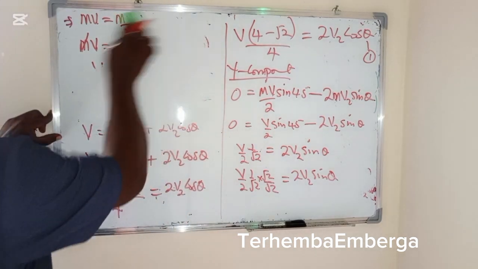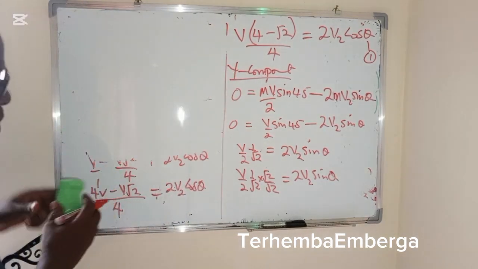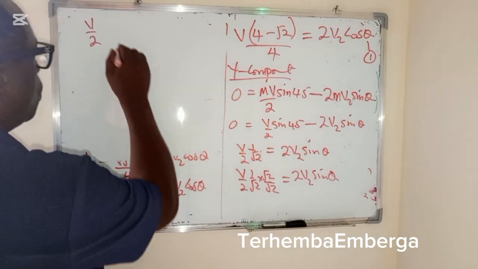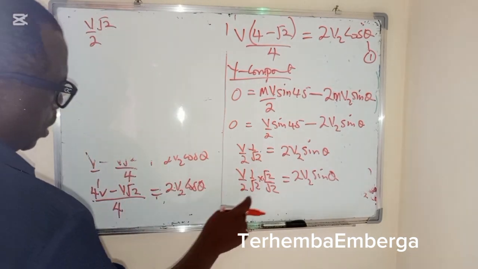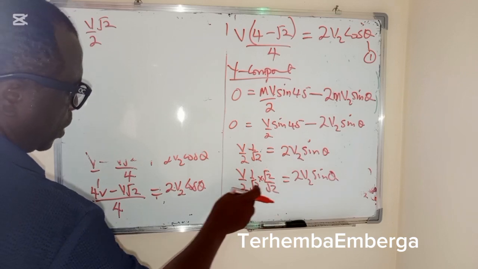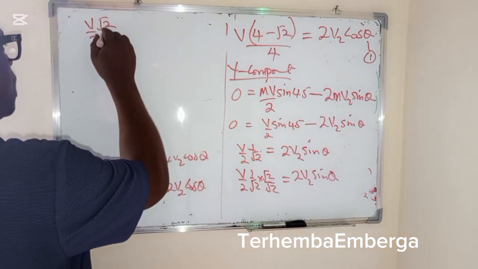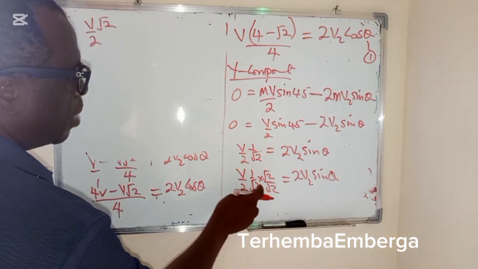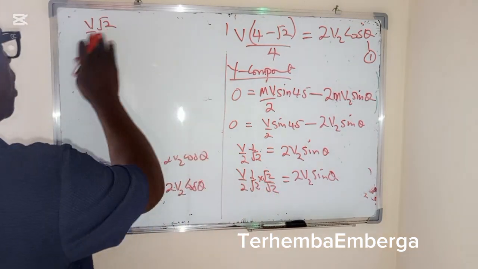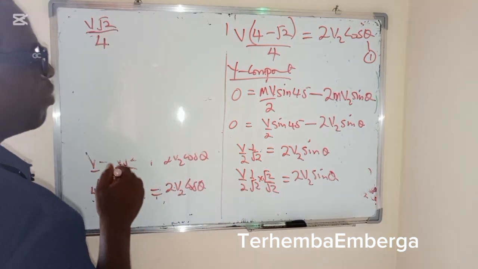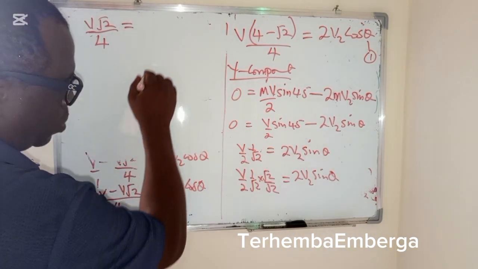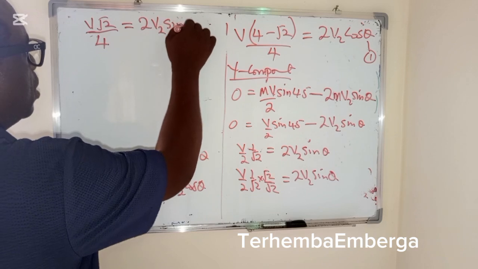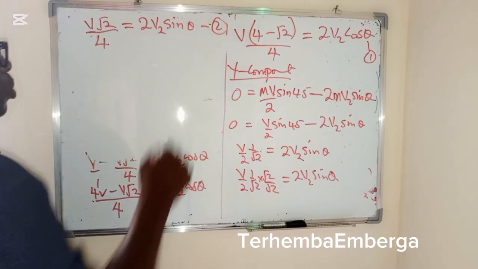So we have v all over 2, this is root 2. Then 2 times 2 is 4. So we have v root 2 divided by 4 equal to 2 v2 sine theta. And this will be our equation 2.